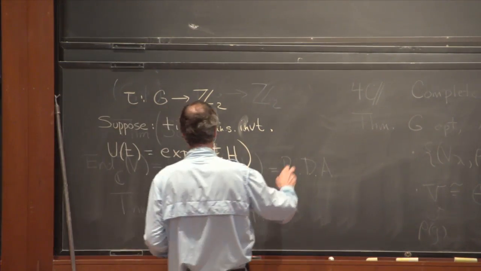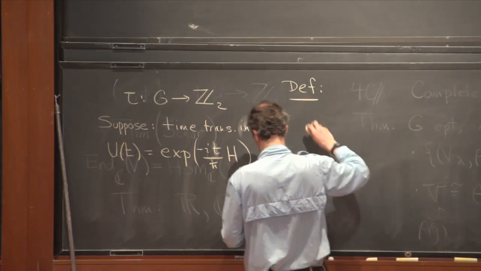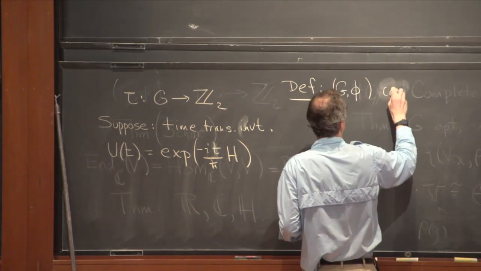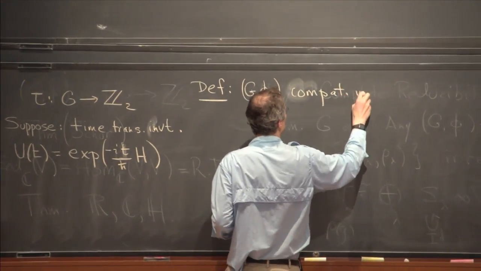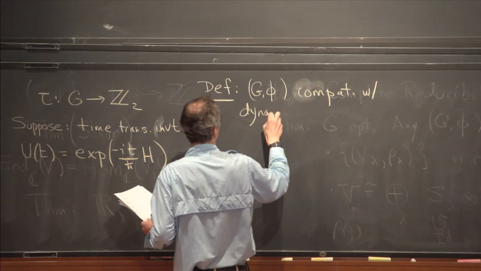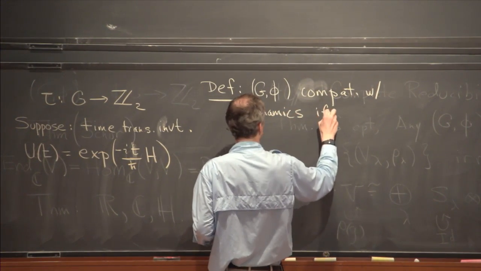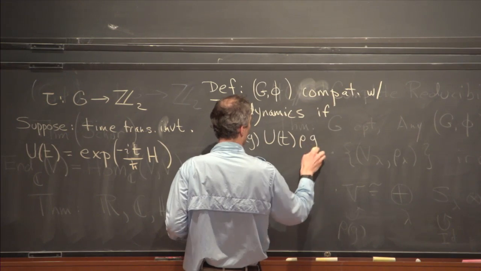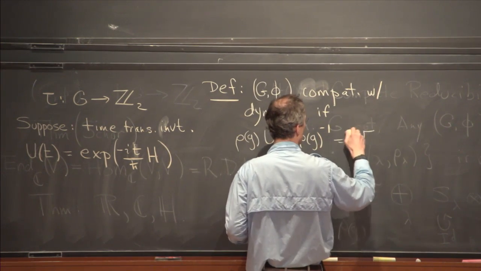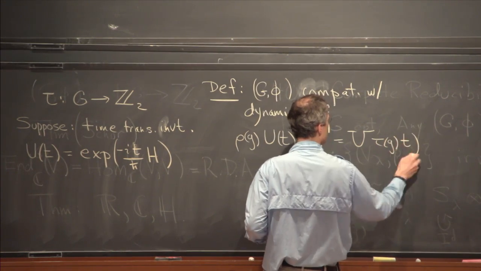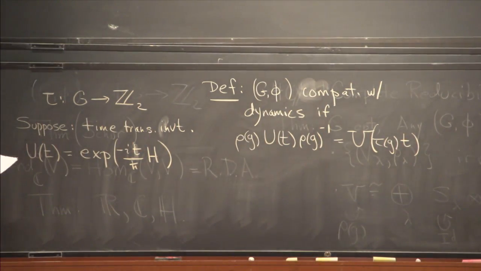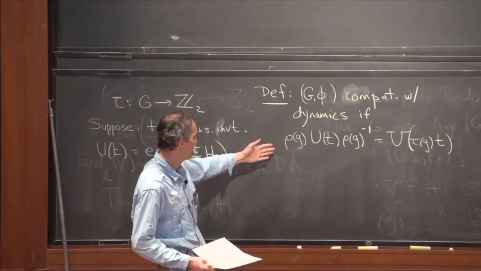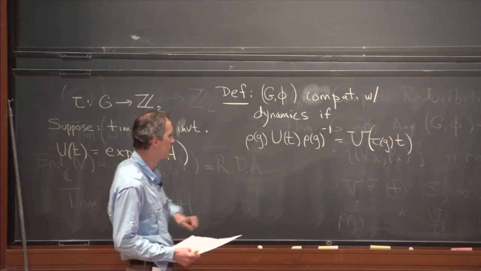And we define G phi to be compatible with the dynamics determined by our Hamiltonian if rho of G times U of T times rho of G inverse is U of tau of G T. In other words, if our symmetries, in quotes, preserve the orientation of time, then we certainly want these operators to commute with unitary evolution.